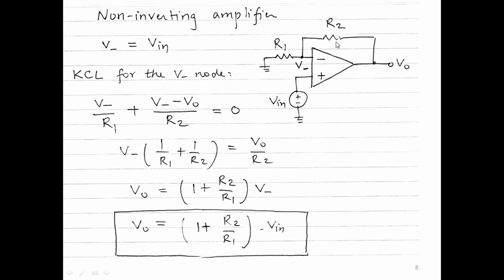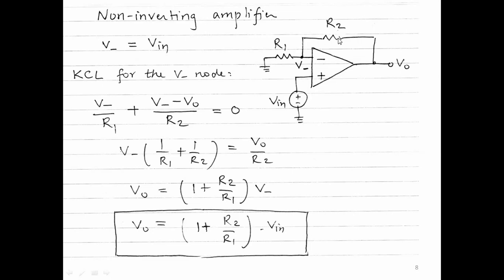There are applications where I may need a voltage gain of 2. I just put R2 by R1 equal to 2. And there are others when I need a gain of 10 or 20 or 100 or whatever. Just connect two resistors, and I have the amplifier I need. Otherwise, if I want to design an amplifier from scratch every time, it is a much more complicated process. So this makes the design of amplifiers very trivial. That is the beauty and usefulness of op-amps.